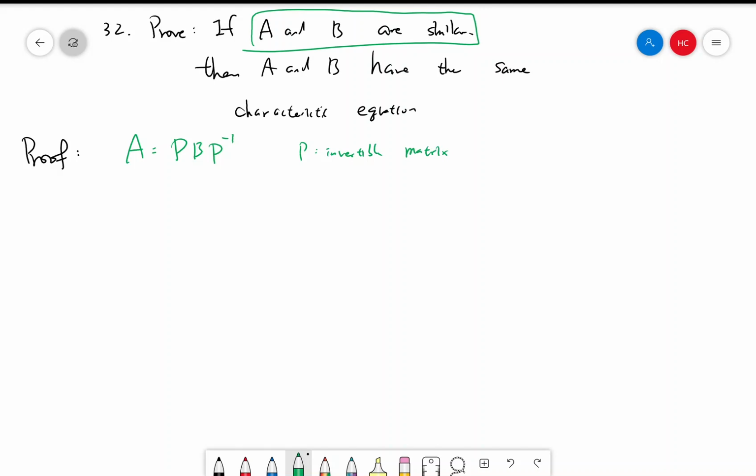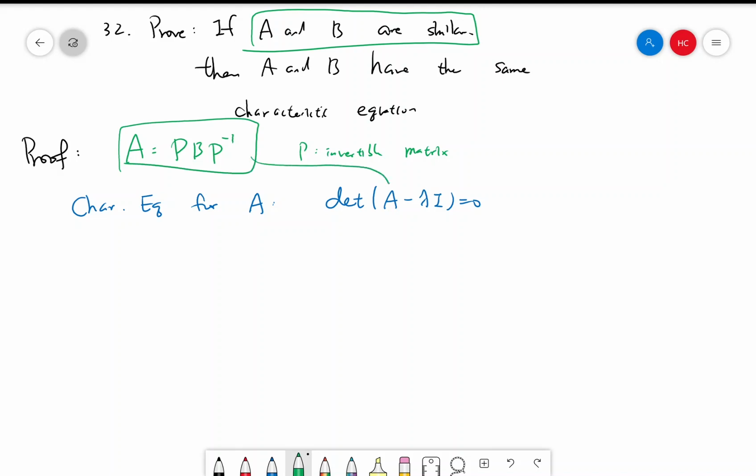Okay. So let's recall the characteristic equation for A is the determinant of A minus lambda I equal to 0. So this is the characteristic equation for A. But we can plug this in. So A, we know A is P B P inverse, so we can plug it in here.